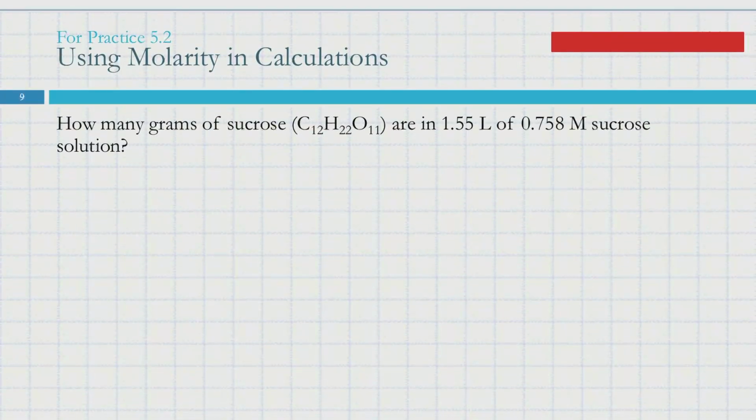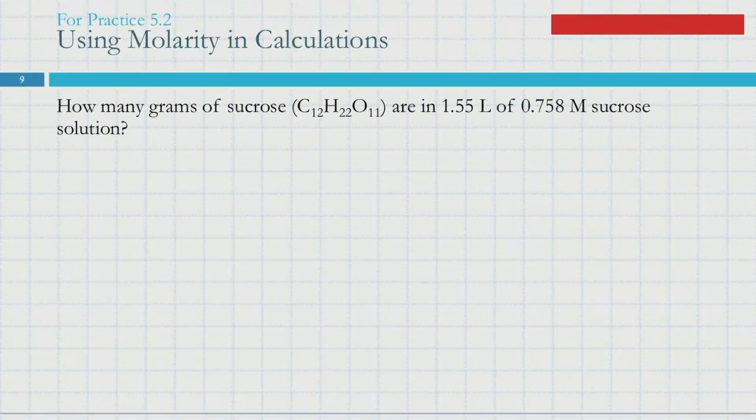So another way that we can use this: how many grams of sucrose are in 1.55 liters of that concentration molar sucrose solution? We are given some information. We've got liters, we've got molarity, we're looking for grams of sucrose, and we're given a chemical formula for sucrose.